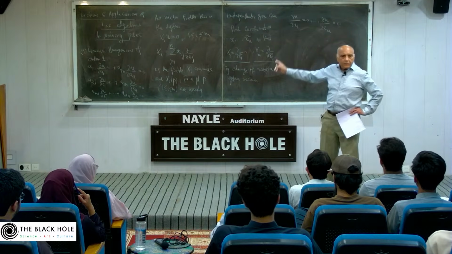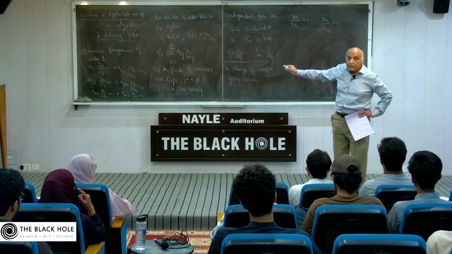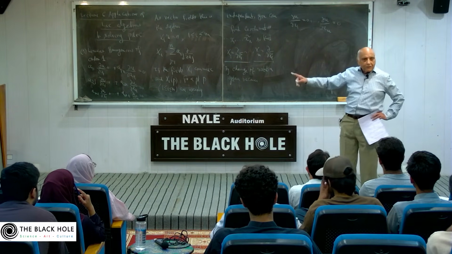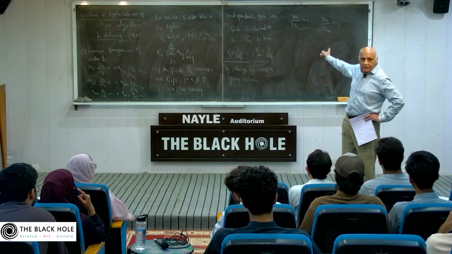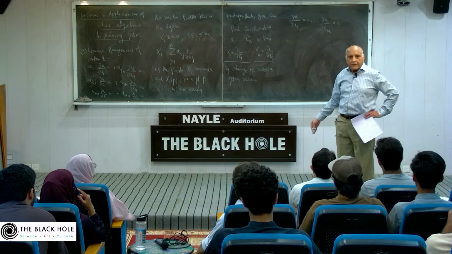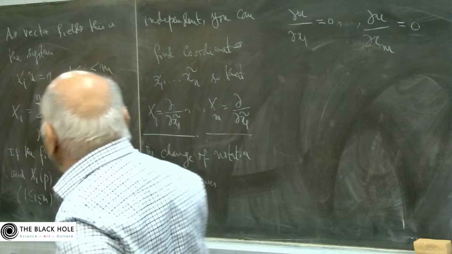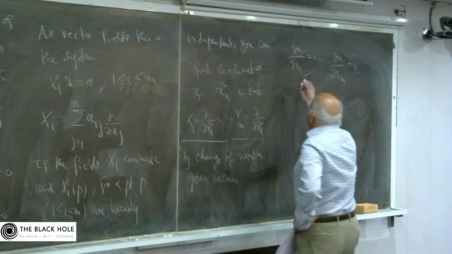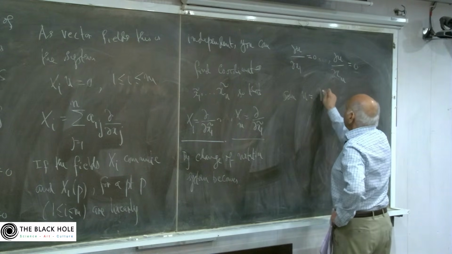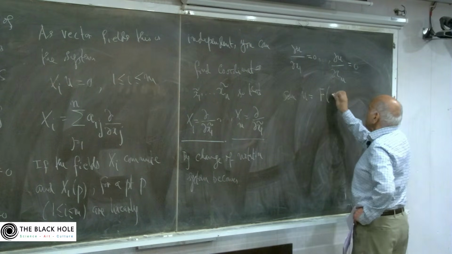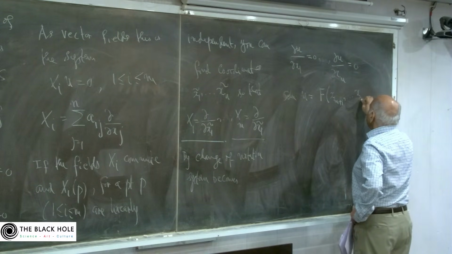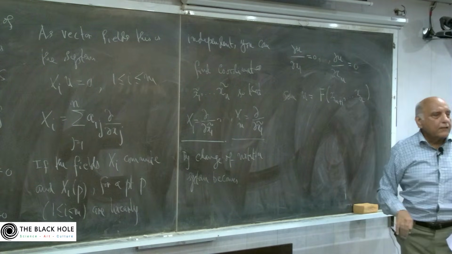Any function which is independent of x1 up to xm. Okay. So the solution u is equal to a function of x_{m+1} up to xn. This is a general solution.